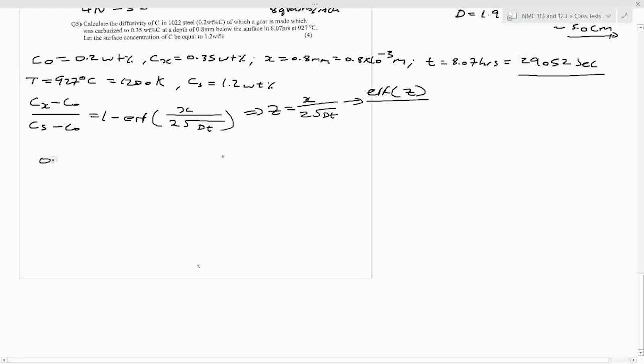We have 0.35 minus 0.2 over 1.2 minus 0.2, and we bring over the 1 minus the negative sign. We'll have an error function of z, right?